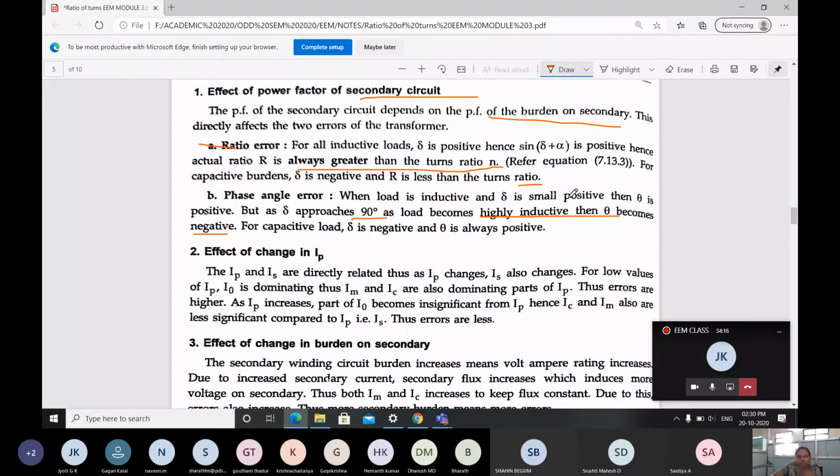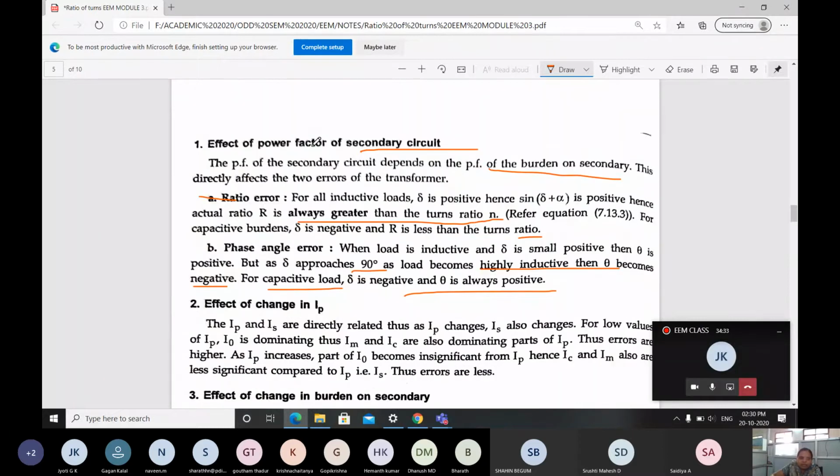It is positive at first, but it changes sign and goes negative. For capacitive loads, delta is negative and theta is always positive. That's about the effect of power factor of the secondary circuit.